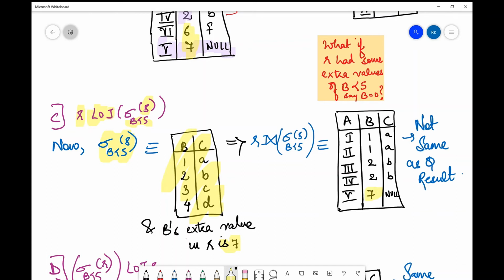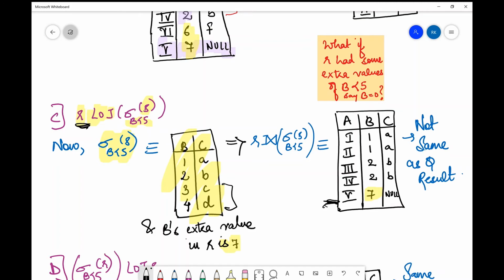Okay, now also the common values were only 1 and 2, therefore you are not having any records from this portion, because we only need to give the extra or uncommon records from the left hand side schema, which is R. Therefore we are giving only this record as the uncommon and extra record.